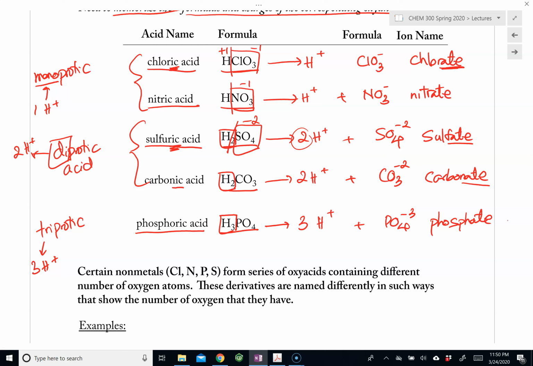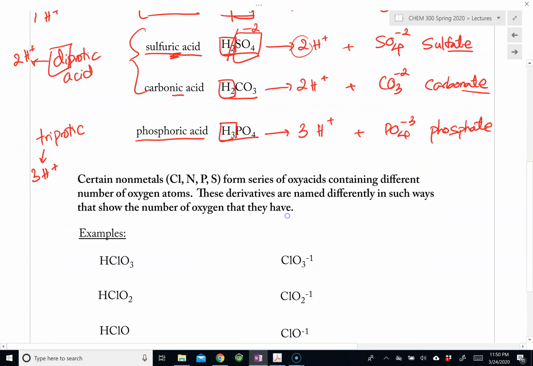Once we have memorized these already, I will teach you a systematic way how we would be able to name the rest of the other hundreds of oxy acids. So here's what happens. Certain nonmetals, such as chlorine, nitrogen, phosphorus, and sulfur, can form an oxy acid, or a series of oxy acids, containing different numbers of oxygen in them.